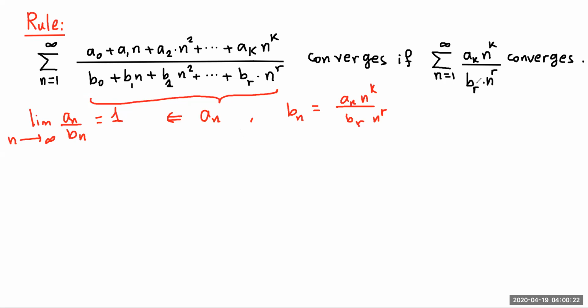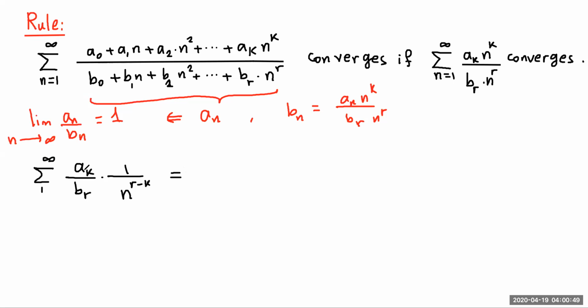And also if sigma bn diverges, sigma an diverges. Okay, now what about this series sigma bn? Sigma ak over br times n over power k. Let's write 1 over n power r minus k from 1 to infinity.